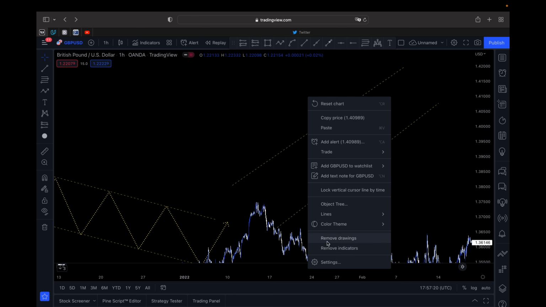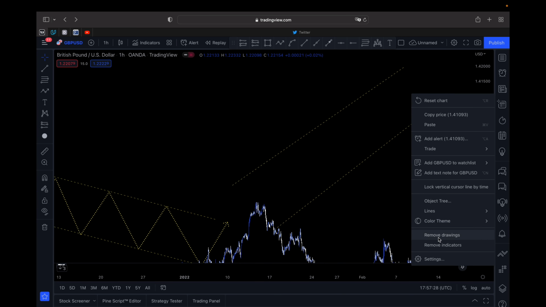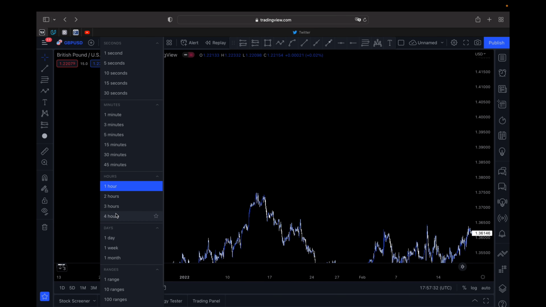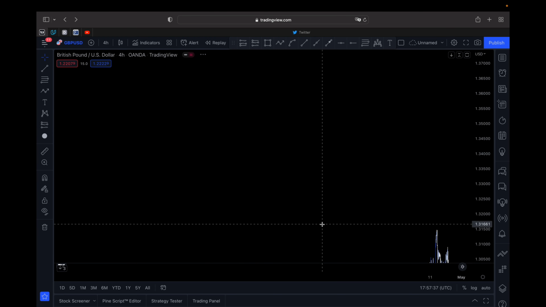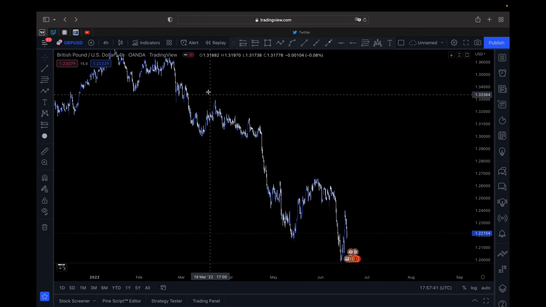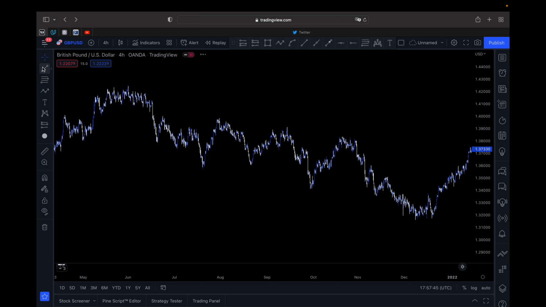Now in case of fake outs, how you confirm a fake out and what to do when price fakes out a breakout. Remove drawings. What do you do when price fakes out a breakout?